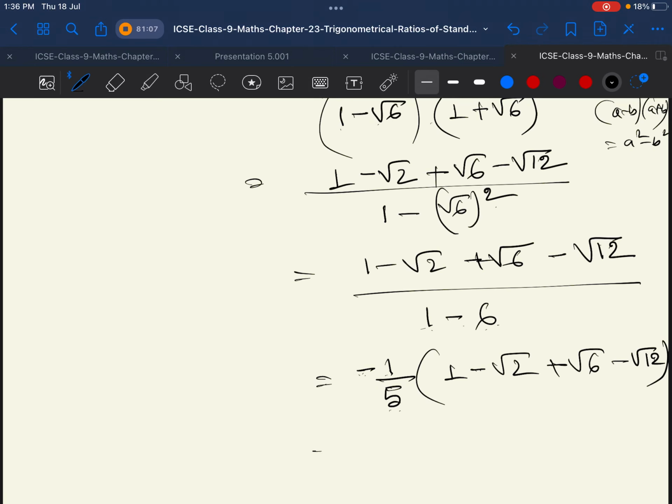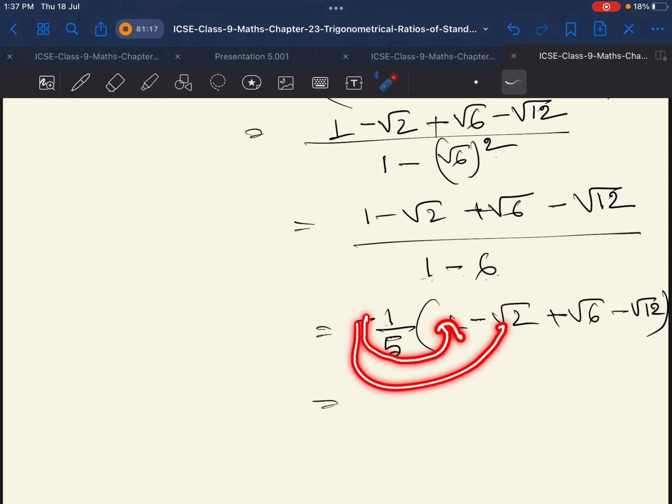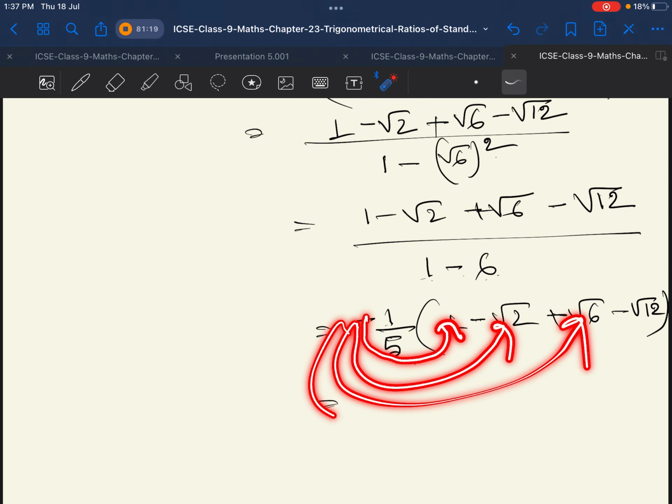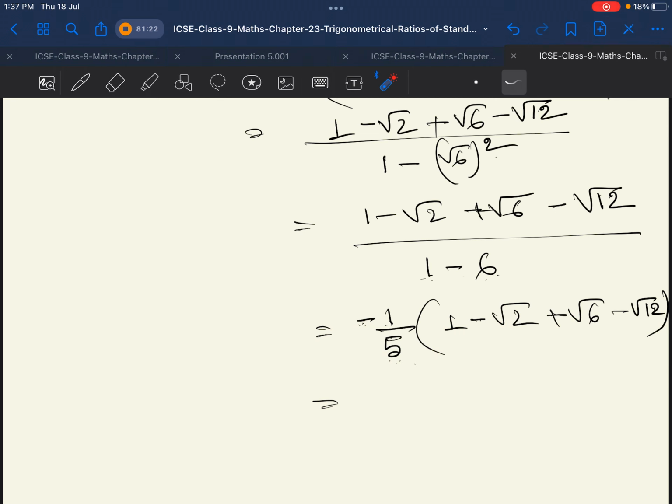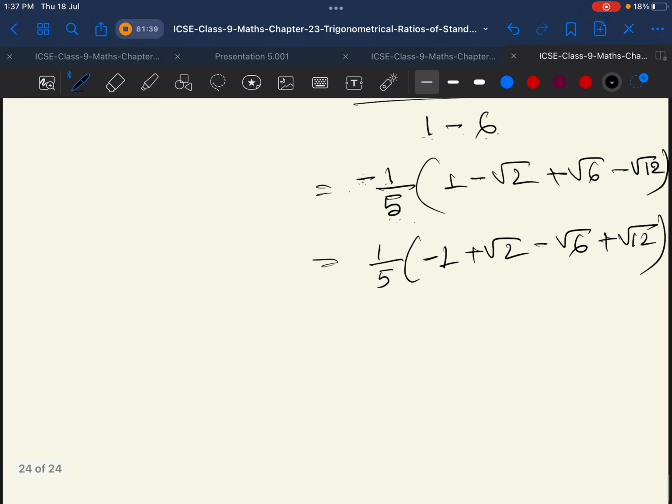So we can write minus 1 by 5, with root 2 plus root 6 minus root 12 in the bracket, and minus 5 in the denominator. Now we multiply minus with each term, so we will get 1 by 5 into minus 1, here minus minus plus root 2, minus plus minus root 6, minus minus plus root 12. This is the answer. Okay, now question number 2.